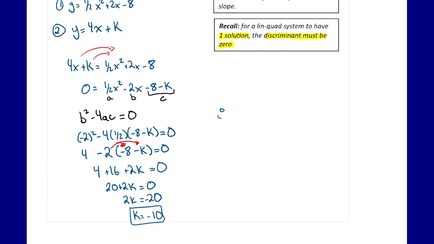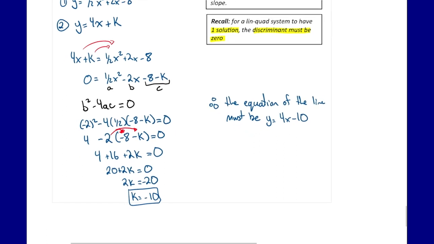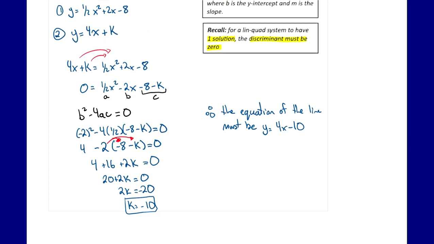Therefore, the equation of the line must be y equals 4x minus 10. So that is how we solve linear quadratic systems.